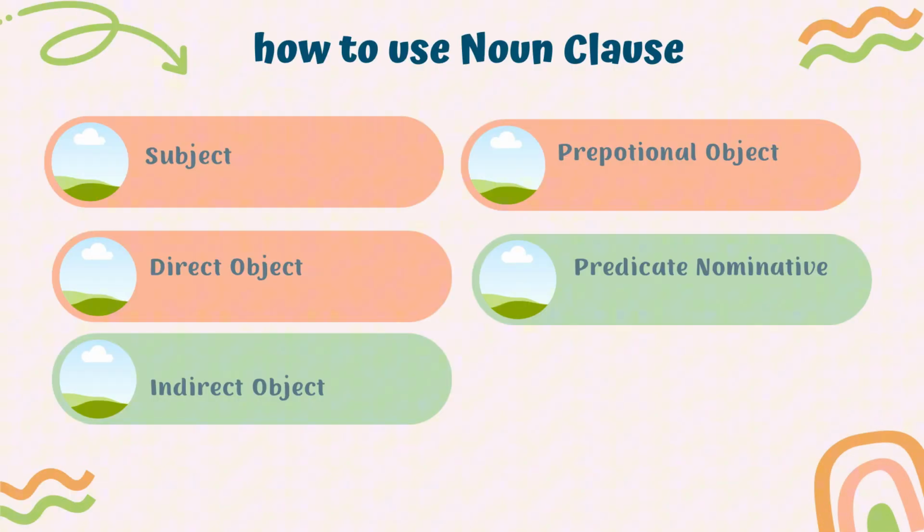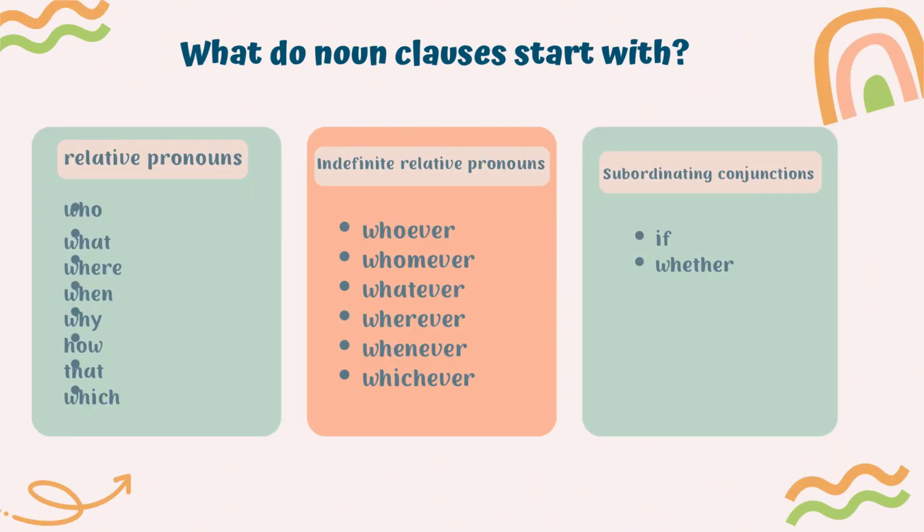You can use the noun clause as, the first one, subject, the second one, direct object, the third one, indirect object, the fourth one, prepositional object, and the last one, predicate nominative. A noun clause is started with, the first one, relative pronouns such as who, what, where, when, why, how, that, and which.